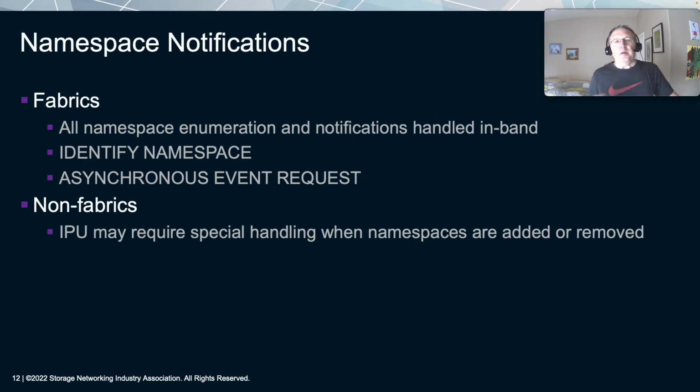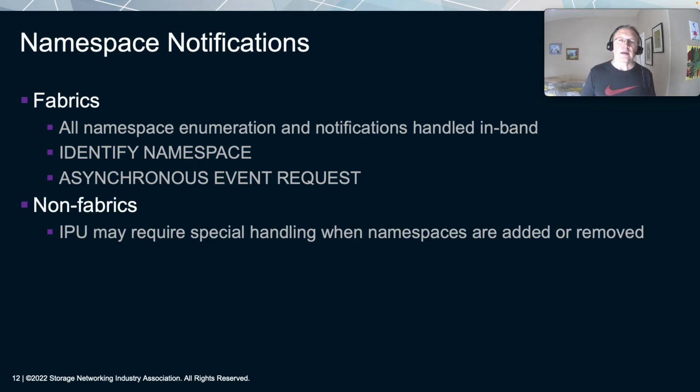But for IPUs, they may require some special handling when namespaces are added or removed. Maybe there's something in the RTL that has to be notified to be able to accept commands for different namespace IDs. There's any number of things that could happen here.